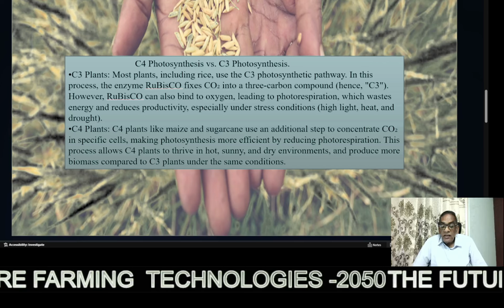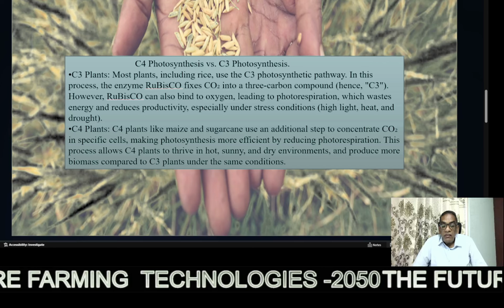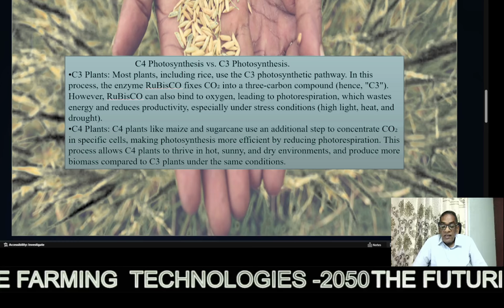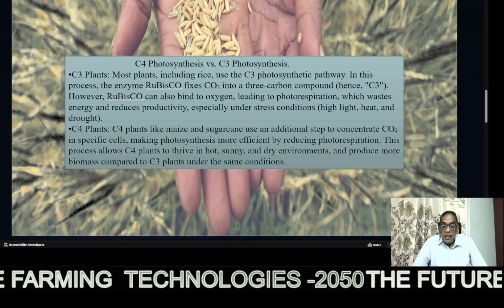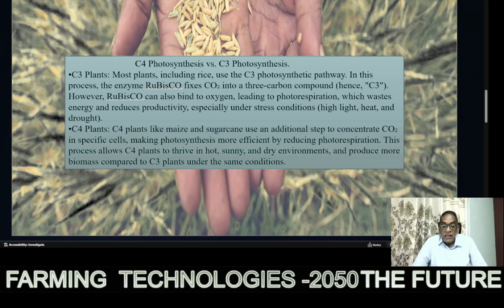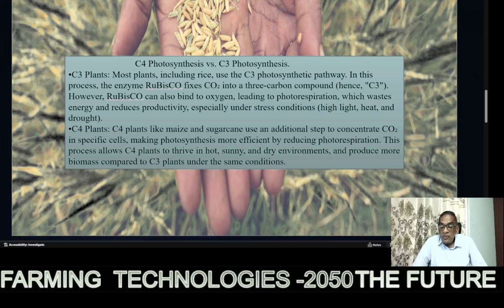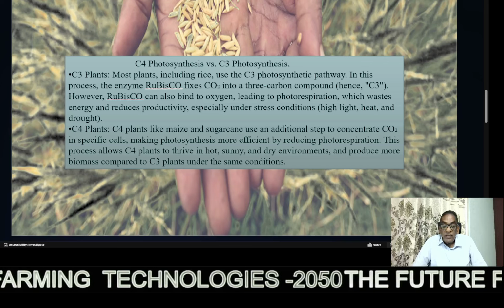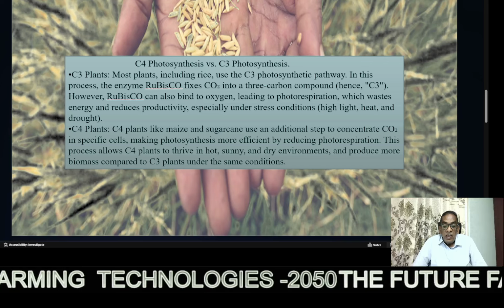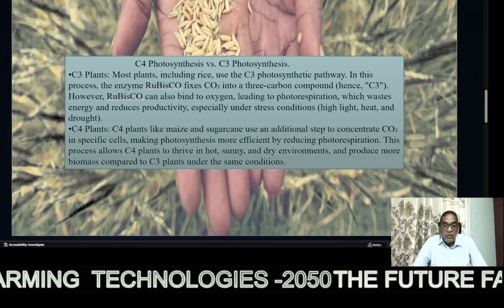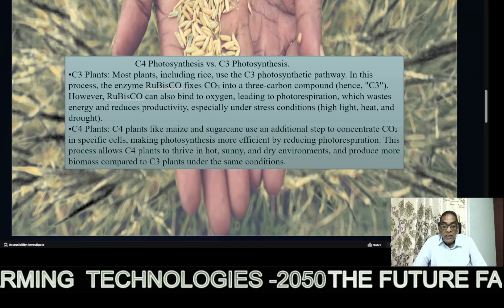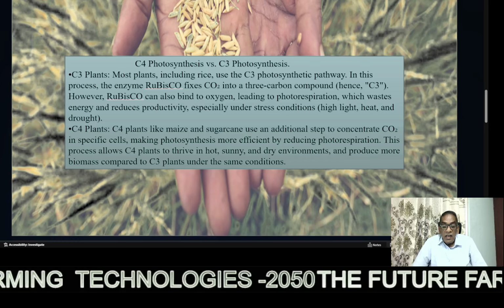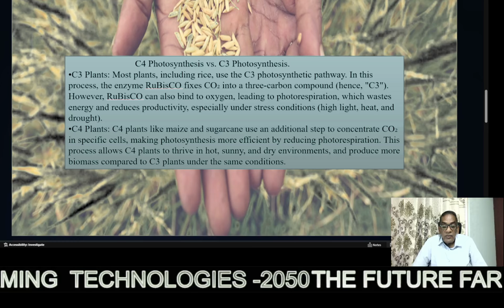Whereas in C4 it will not be wasted. C4 plants like maize and sugarcane use an additional step to concentrate CO2 in specific cells, making photosynthesis more efficient by reducing photorespiration. Whatever we lose in C3, here it will reduce the losses of photorespiration.